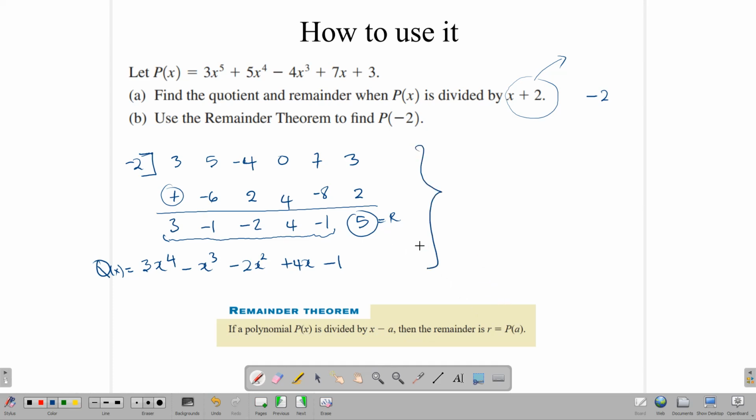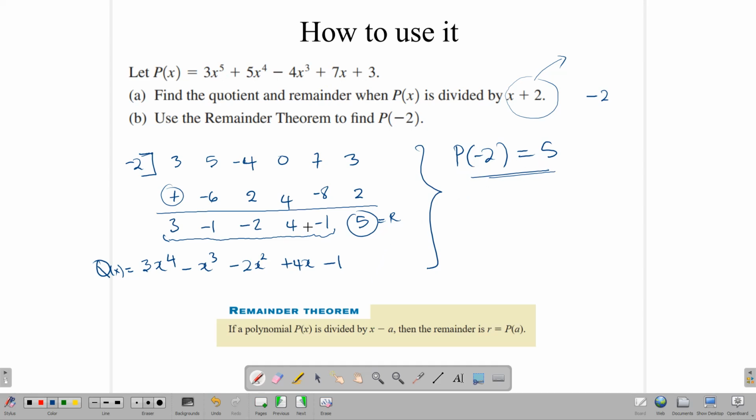So to find r, we simply need to write this down. So p of negative 2 is simply 5. There's no need to go and calculate it further. Of course, you could calculate it if you wanted to check it by substituting negative 2 into this, and what you would get is 5. So p of negative 2 is 5.